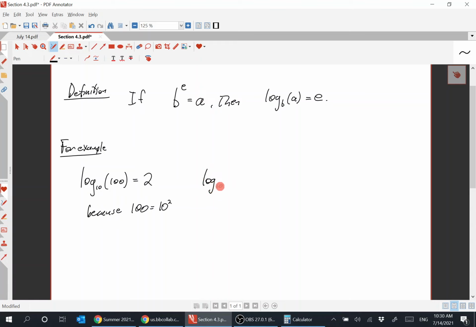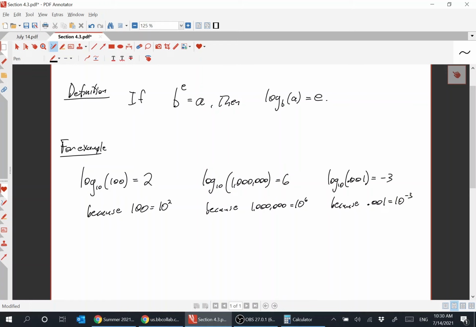The log base 10 of 1,000,000 is equal to 6, because 1,000,000 is 10 to the 6th power. The log base 10 of, say, 0.001 is equal to -3, because 0.001 is 10 to the -3.